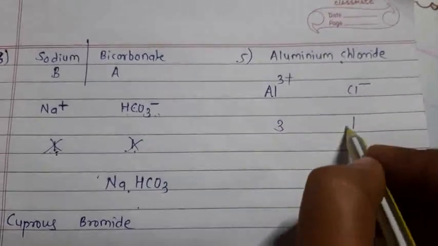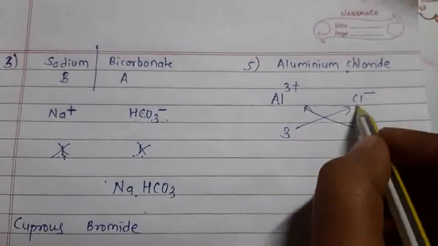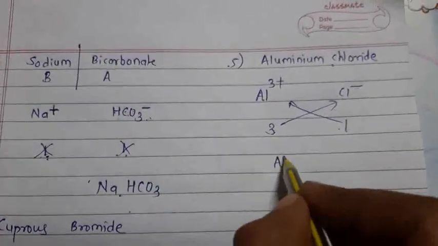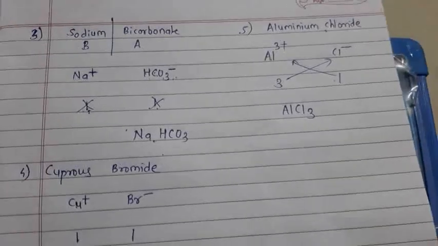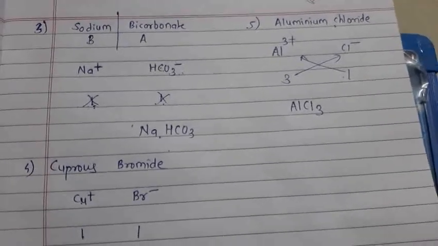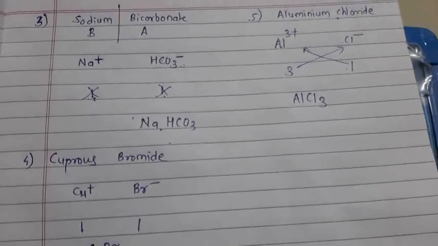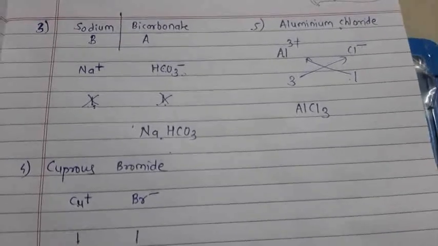As valencies are different, we have to cross multiply. 3 will be applicable to Cl and 1 is applicable to Al. So AlCl3. In this way, any chemical compound's molecular formula you can write with the help of the table of acidic radical and basic radical.